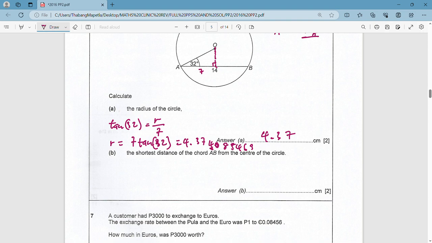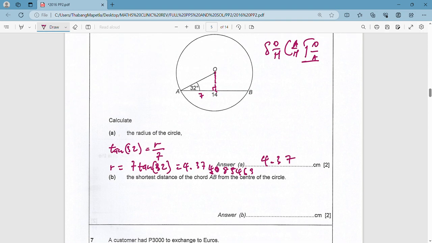So we'll be using SOHCAHTOA, tan for that, because we have an angle which will fit in tan, and then we are looking for the opposite. Opposite is going to be the shortest distance, and adjacent is going to be 7.